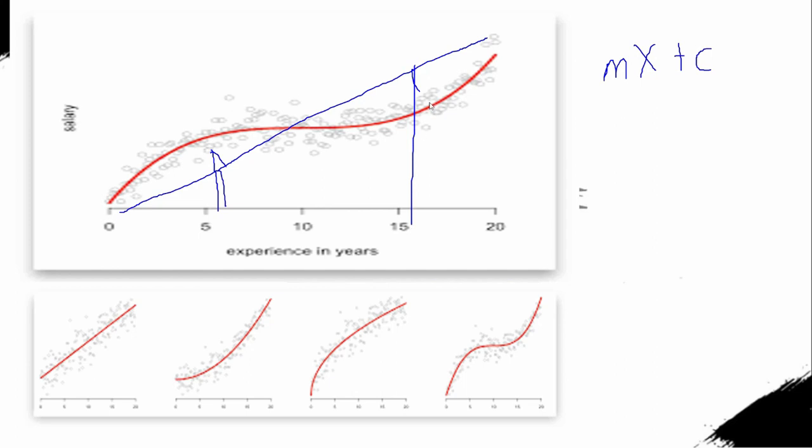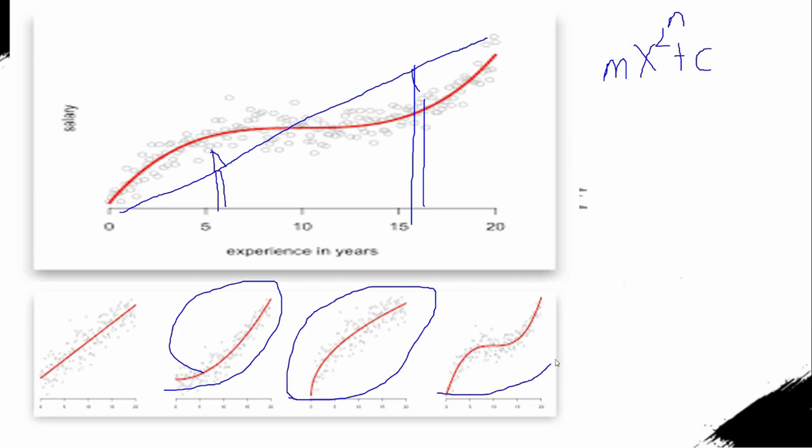There might be situations where a linear graph may not always be the best choice. A non-linear graph, or a quadratic or a bicubic graph, for example x squared or x cubed or x to the power n, may be the correct choice. As you can see over here, this could be this graph or this graph or this graph.